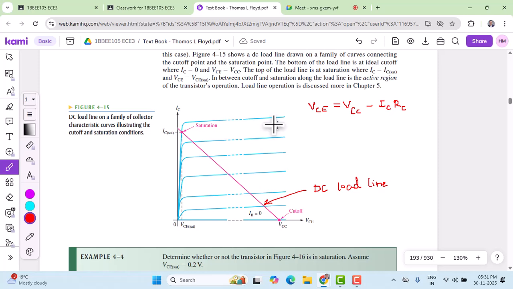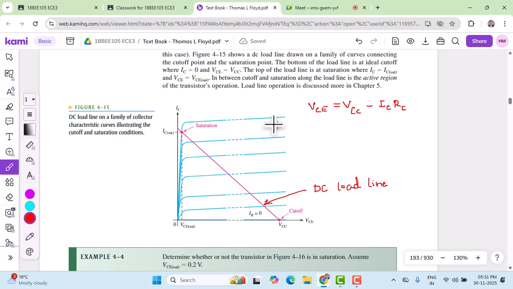Y is nothing but IC, and you can see here there is an m, which is minus 1 over RC. X is VCE here, and c is VCC by RC. Now I have rewritten this equation according to y is equal to mx plus c.